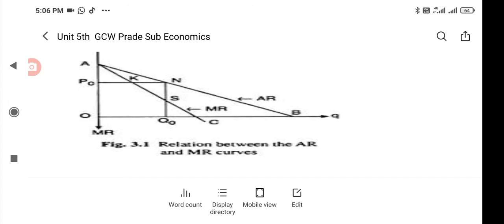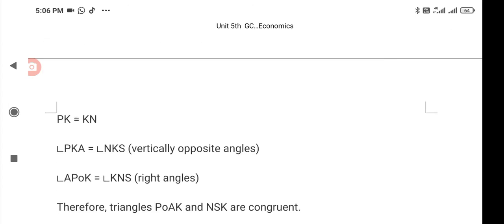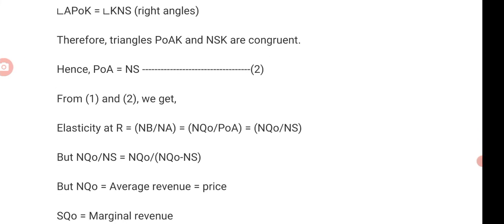Now, from the first and second equations, we get elasticity at N is equal to NB upon NA, which is NQ upon AP, which is NQ upon NS, which is NQ upon NQ minus SQ.